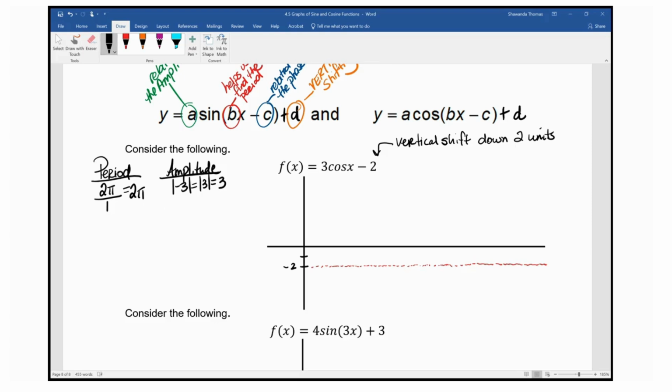And let me just do this because we know we talked about endpoints before. And we normally talk about endpoints when we have that parenthesis. Really, our parenthesis is just x now, right? So x equals 0, and that's where we start. And we're going to end at x equals 2 pi because we don't have that parenthesis and we're not shifting horizontally.